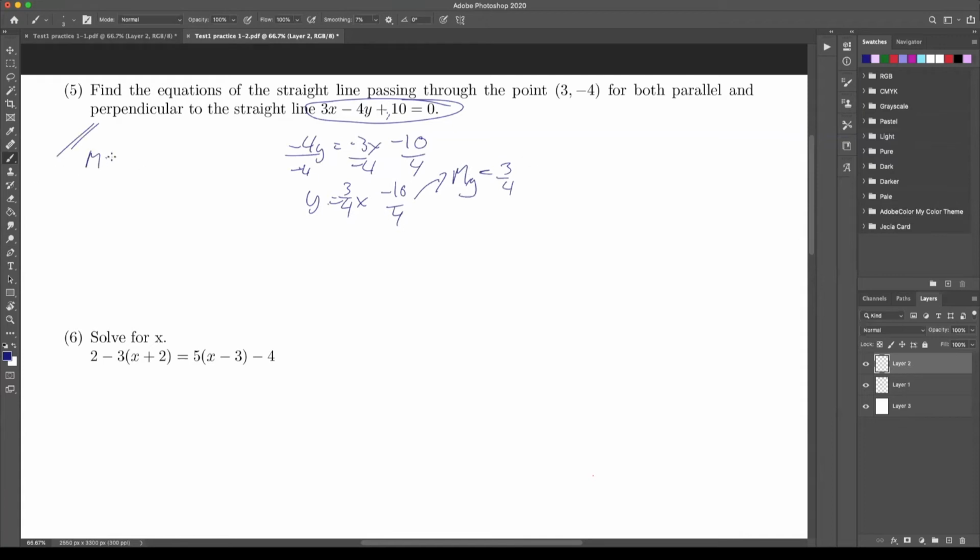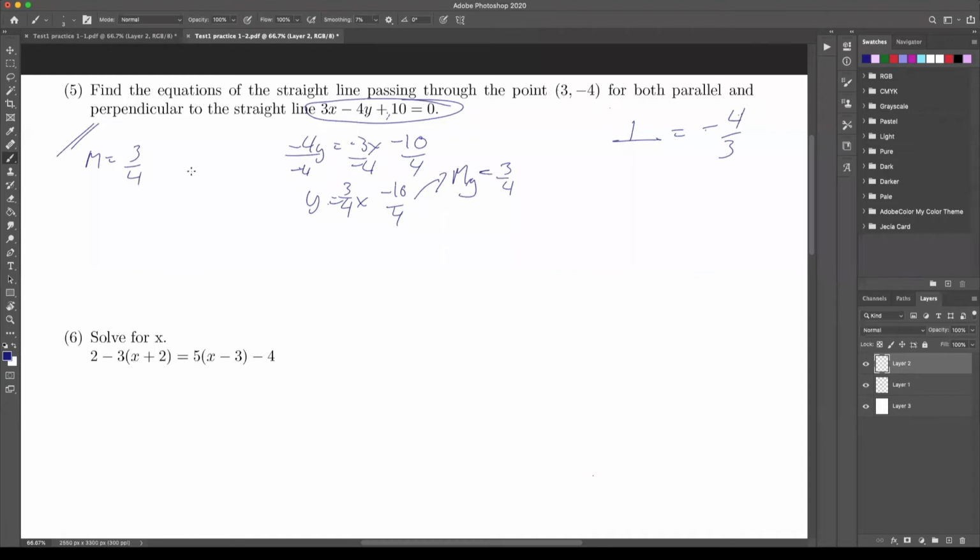So m also for this line is going to equal 3/4. For the perpendicular version, I'm going to take its opposite reciprocal. So this will be minus 4/3. So for the perpendicular one, you're going to flip it and take a negation.